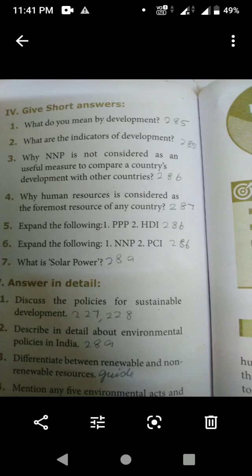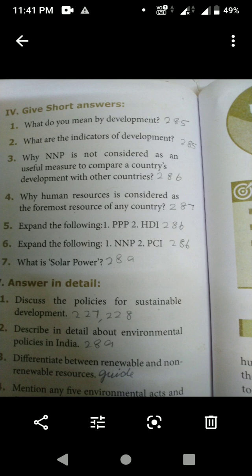I will take page number 292. There I have already given 6 question answers. Today the 7th question: what is solar power? This is a very important question. That is on page number 289 under the heading solar power in India.